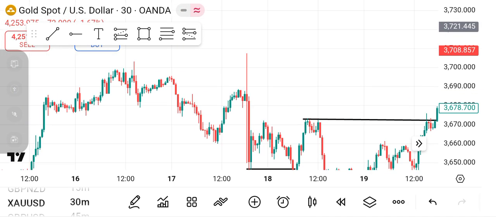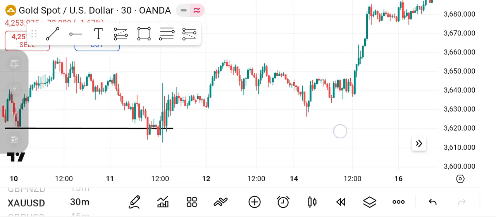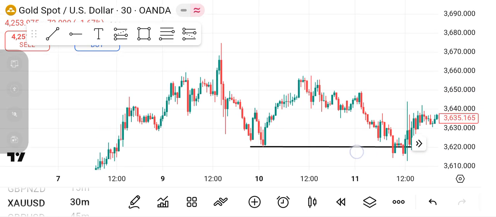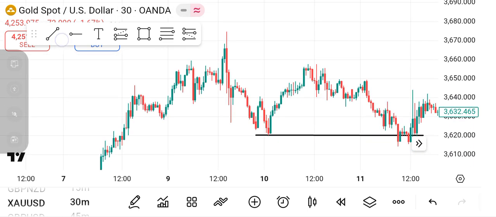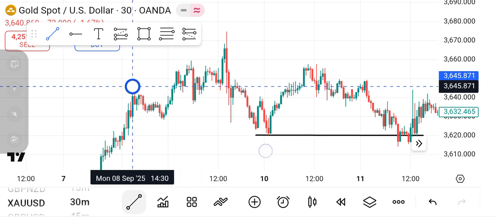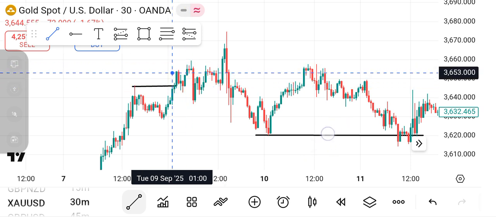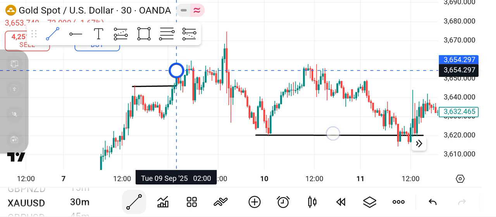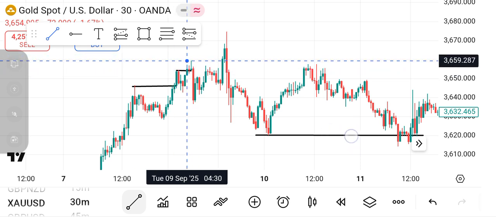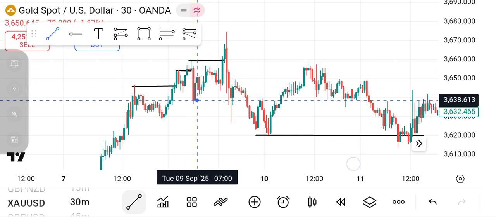All right. So let's look for another example. Now let's look at this one right here. We have a break of structure here, and a break of structure right here. Then a break of structure here.